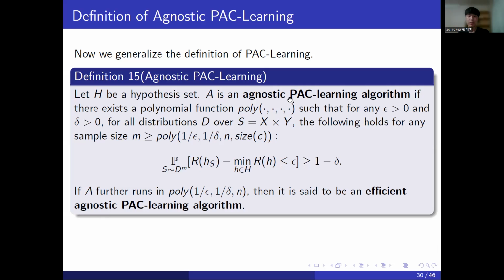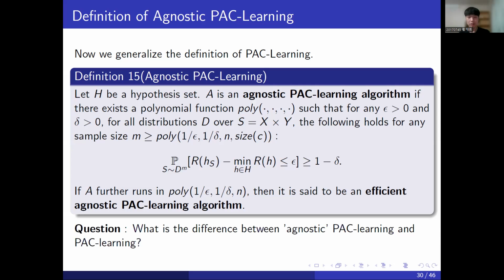A is an agnostic PAC learning algorithm if there exists a polynomial function such that for any positive epsilon and positive delta, for all distributions D over S, the following holds for any sample size m greater than a polynomial of these arguments, and which satisfies this condition. If A further runs in polynomial time of these arguments, then it is said to be an efficient agnostic PAC learning algorithm.